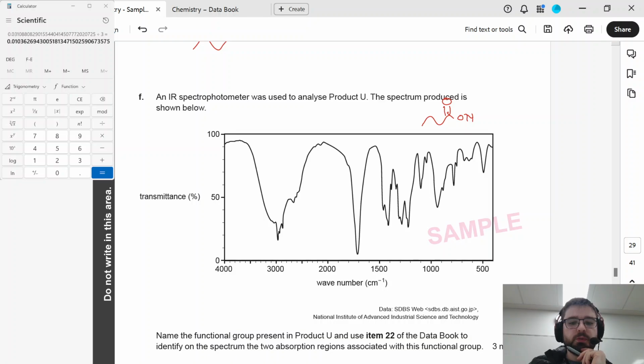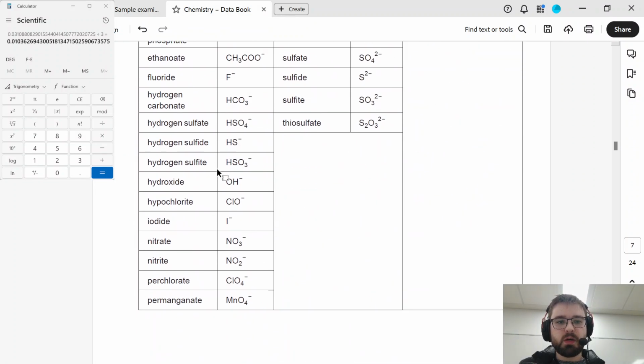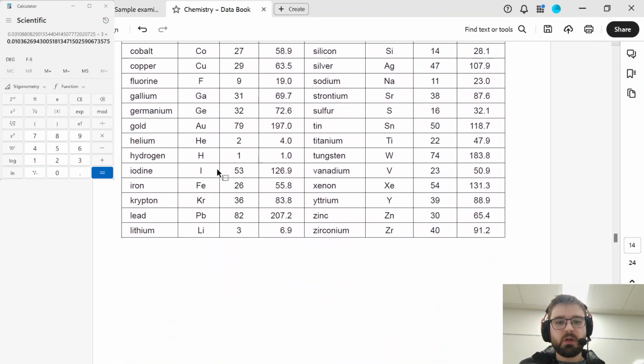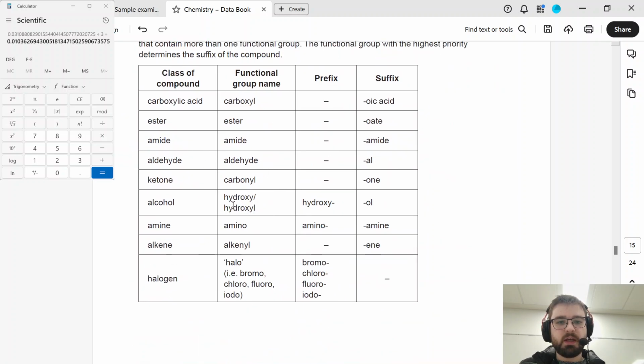Name the functional group present in product U. So this is one of those ones where they require you to use the language of the functional group name. They're saying it's a carboxyl group as the functional group.